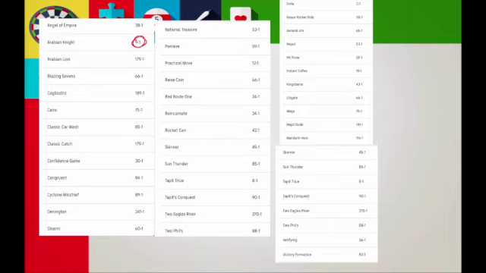So the probability of that horse losing is 9 out of 10, meaning the probability of that horse winning is 1 out of 10. And you could go through these.